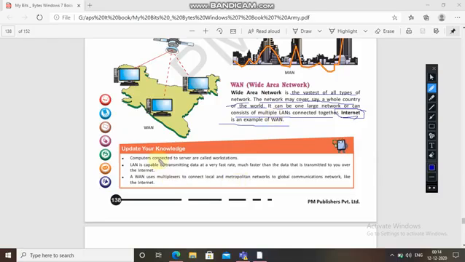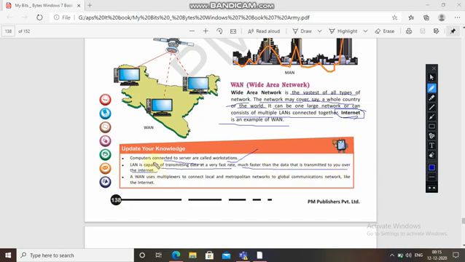Now computers which are connected to a server are called workstations. LAN is capable of transmitting data at a very fast rate, much faster than data transmitted over the internet, because it's a wire.